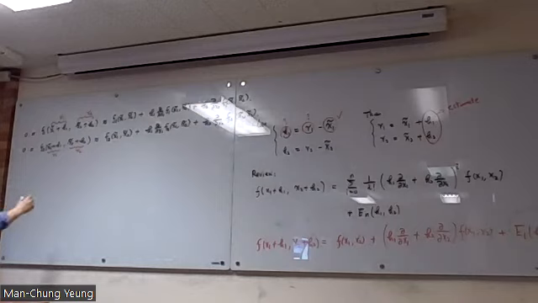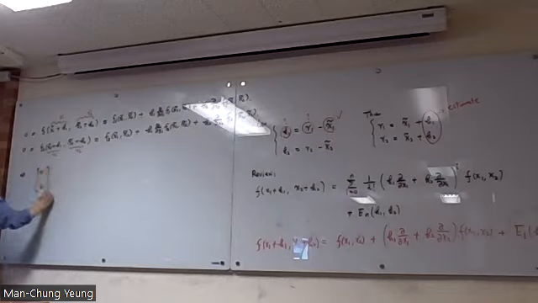Okay, so we have 0, 0. Let me write these two equations in matrix form.